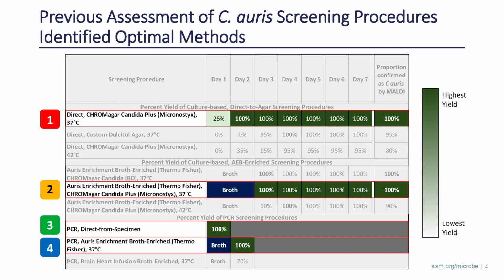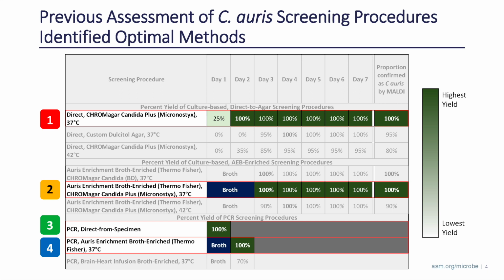We also assessed 3 culture-based auris enrichment broth-enriched methods, which entails a 48-hour incubation of specimens in a selective dulcitol auris enrichment broth before plating onto either the CHROMagar Candida medium, which is a chromogenic agar that does not contain the C. auris specific chromogens, or onto the novel CHROMagar Candida Plus medium that does contain the C. auris specific chromogens.